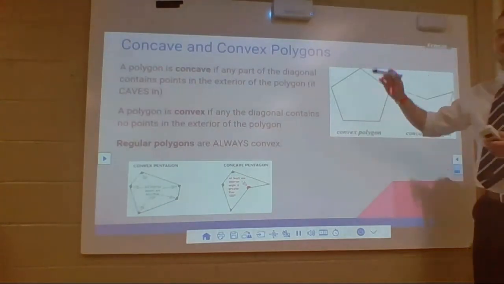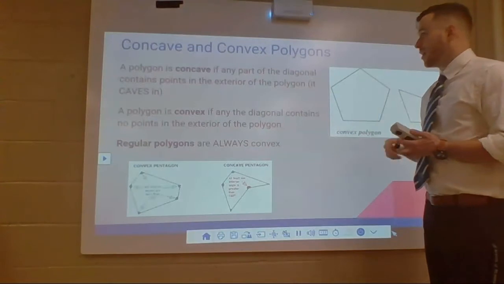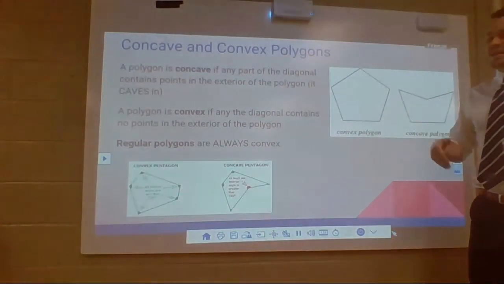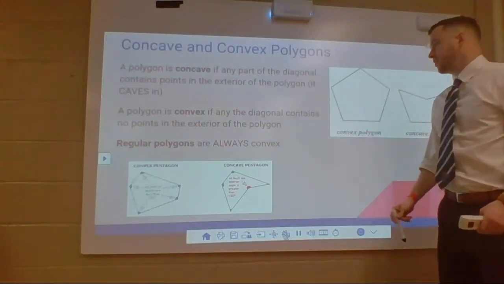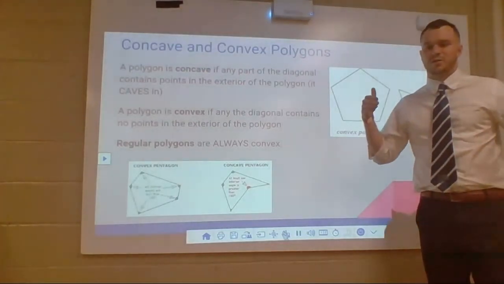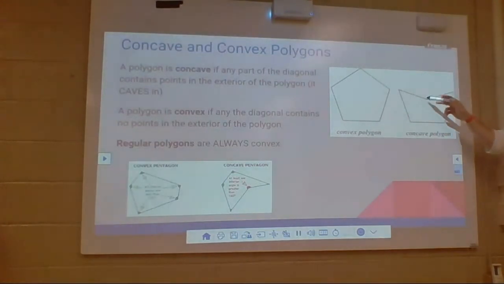All right, so another feature of polygons is that they can be concave or convex. They are concave if any part caves in. Okay? This says if any part of the diagonal contains points in the exterior of the polygon. Now that's a fancy way of just saying it looks like it caves in. So here's an example of a concave polygon.